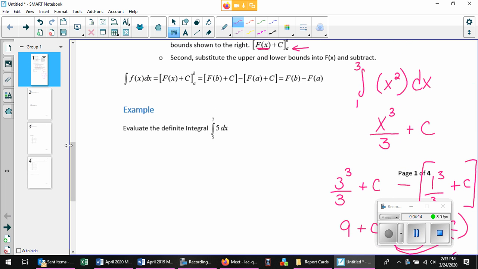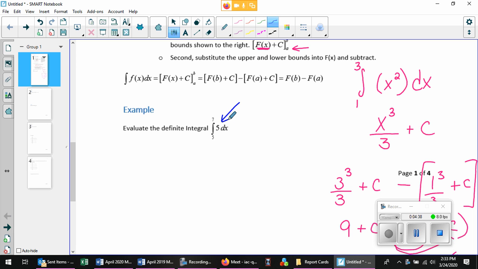Okay, so let's do this one. We have the 5. The first thing we're going to do is antiderive 5. What's the antiderivative of 5? Anybody? 5x.